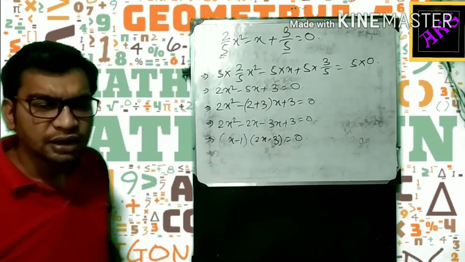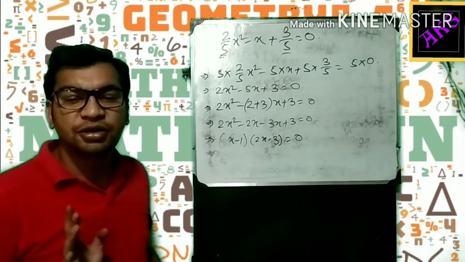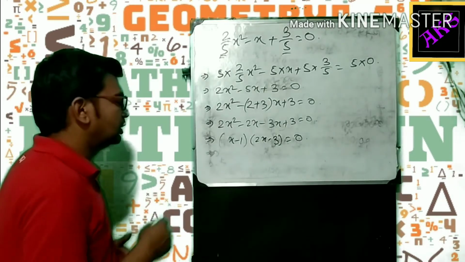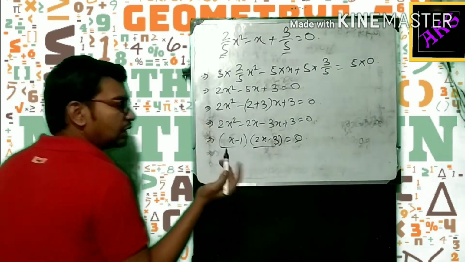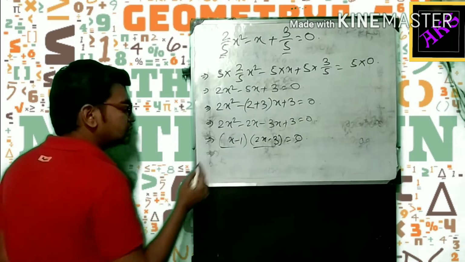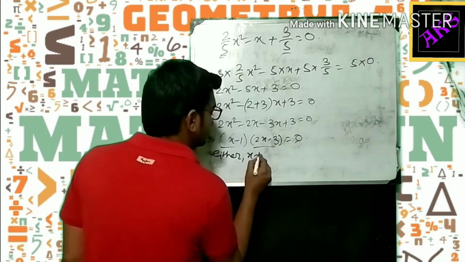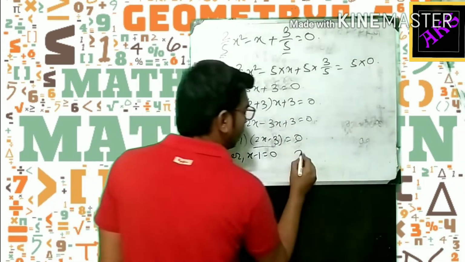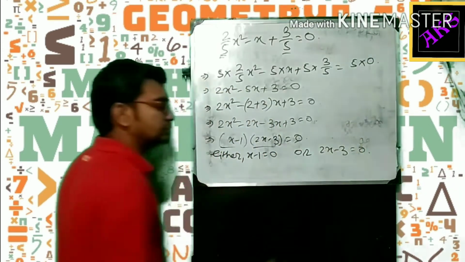Okay. Now our fourth step is to use the zero product rule. What is the zero product rule? As the product of these two factors is 0, any one of them can be 0. So either x minus 1 equal to 0 or 2x minus 3 equal to 0.